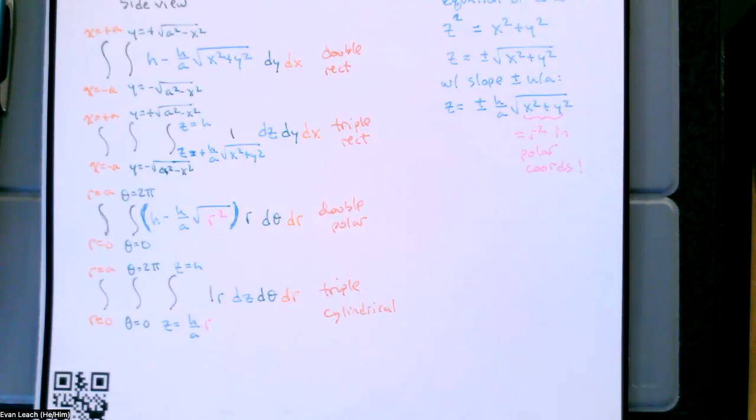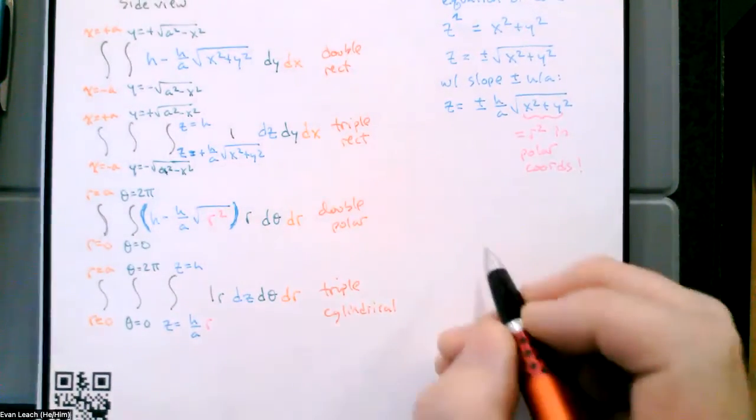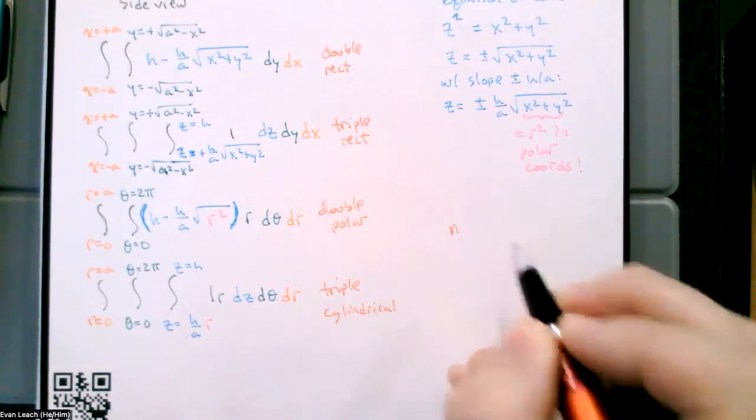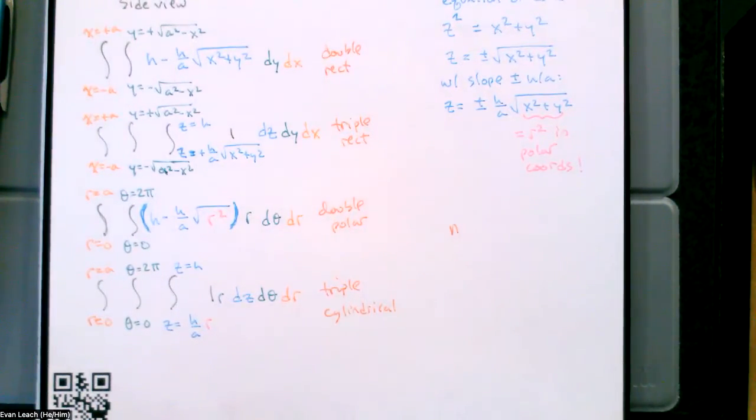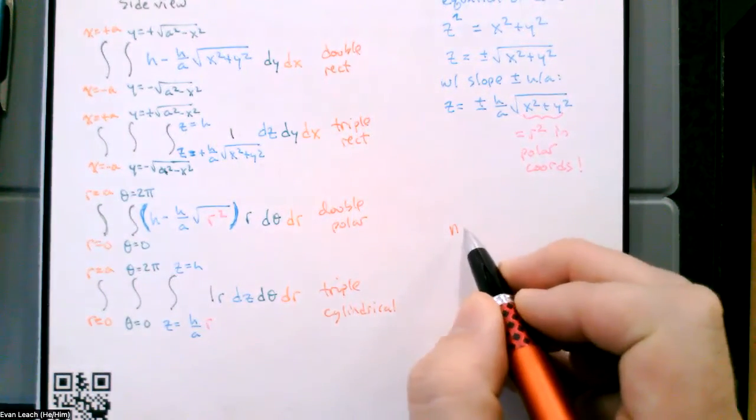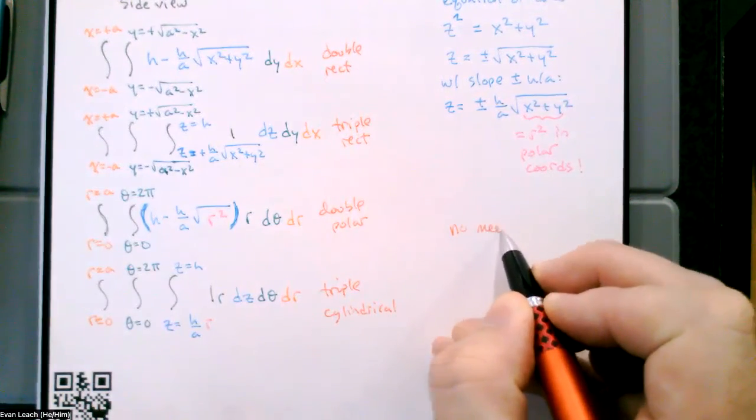All right. We also need to set up a triple integral in spherical coordinates, but we're going to do that tomorrow. Actually, we're not going to do that tomorrow. I'm unable to be on campus tomorrow until the afternoon. So that means I will not be holding a meeting tomorrow. So no meeting tomorrow.